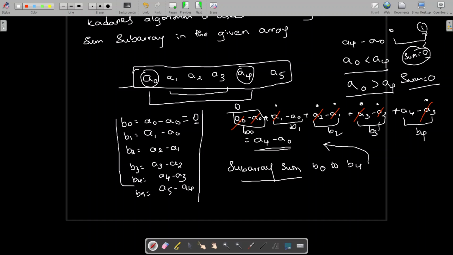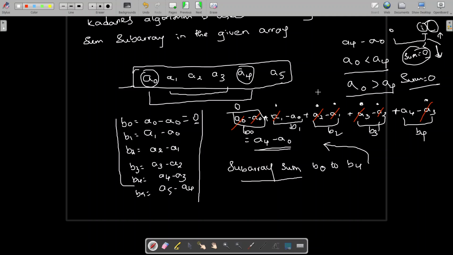We don't require the negative values. We will be starting from the positives, or if there is some other negative value, we will be starting from that negative value only. We don't require the sum to be going lower; we require the maximum sum, so we will be computing only the maximum sum. We need only the sum which is increasing, not the decreasing sum.